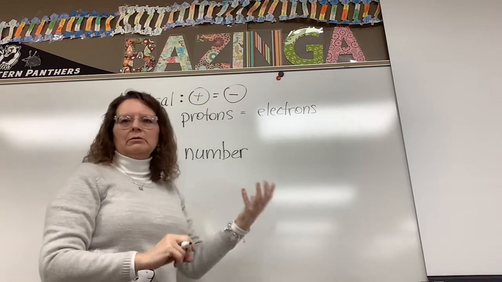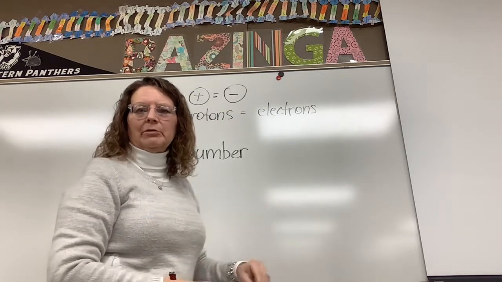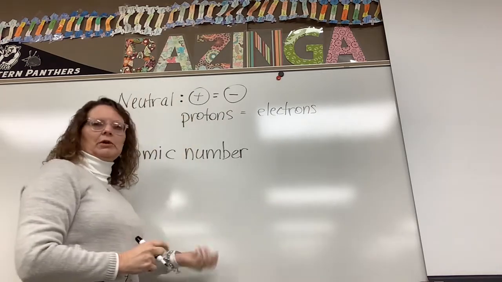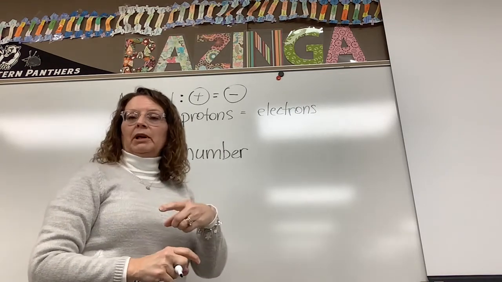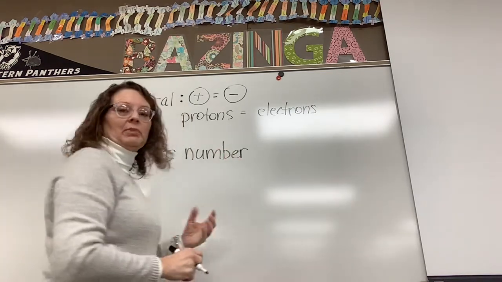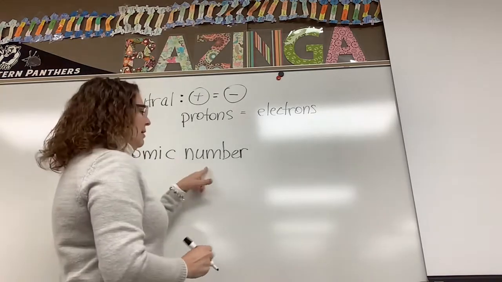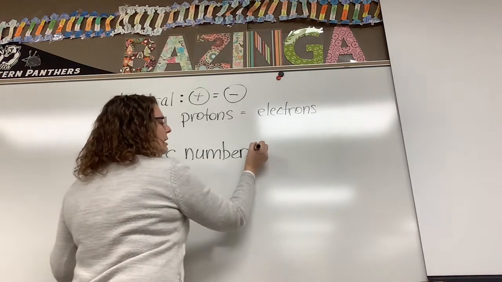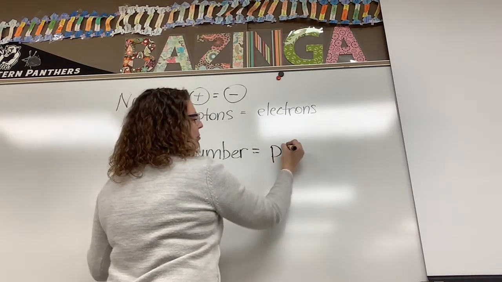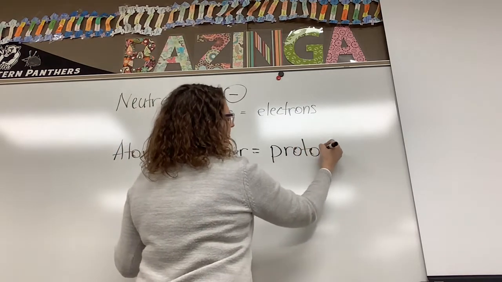Or look at the key for the periodic table you're looking at. The one that we're going to be looking at is the one in your book, and it's on the top. It's above the symbol. So the atomic number equals the number of protons in the nucleus.